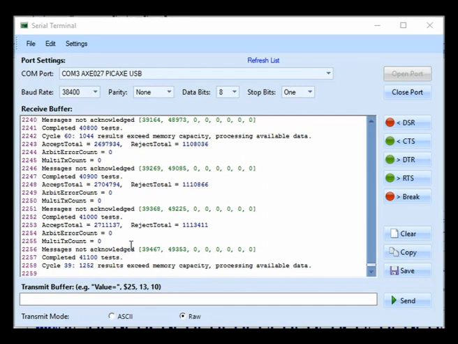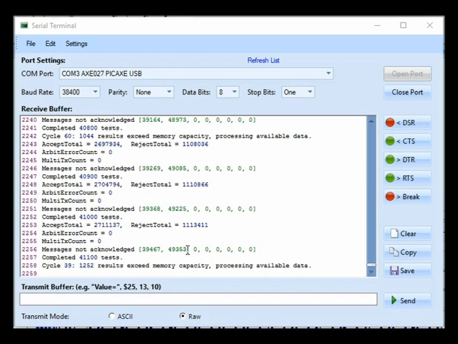What is noticeable is that there's only 2 chips that are having messages that don't get acknowledged. These figures here are on a chip by chip basis. So this is chip 1, chip 2, if I can get the cursor right, 3, 4, 5, 6, 7, 8.